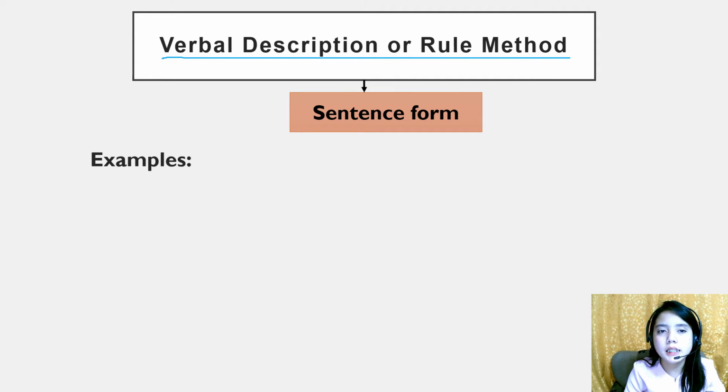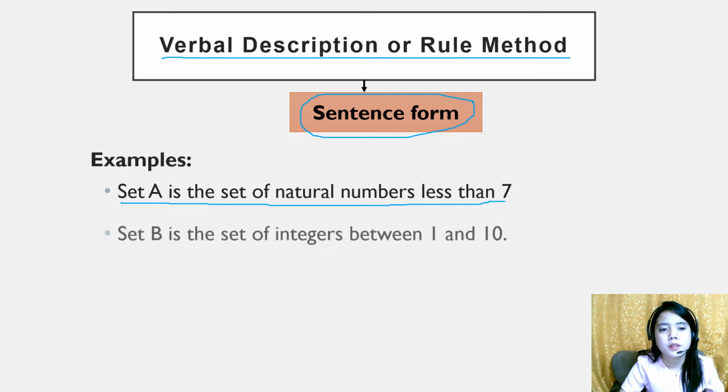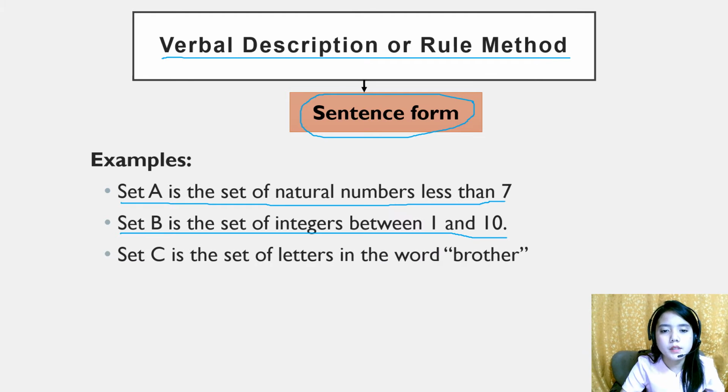Kung maingon ganita og rule method, naka-sentence form siya. Unsa man ang sentence form? Okay, example ana. Set A is the set of natural numbers less than 7. Another one, set B is the set of integers between 1 and 10. And set C is the set of letters in the word brother.